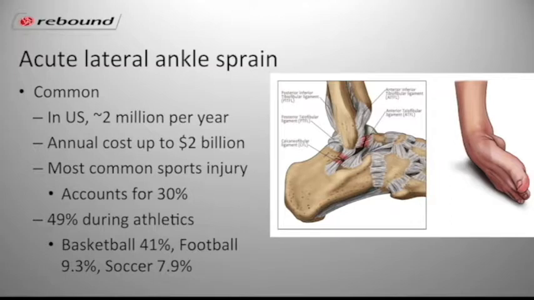It's the most common injury sustained in sporting events, where it accounts for about 30% of all sporting injuries, and half of all ankle sprains will occur during sporting activities, with basketball being a fairly high proportion, followed by football and soccer.